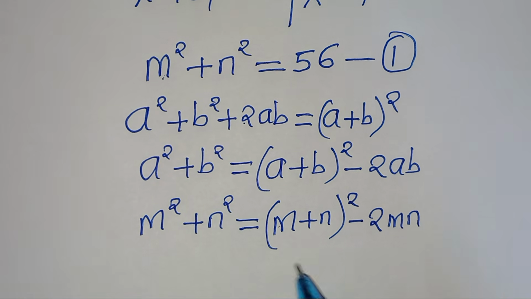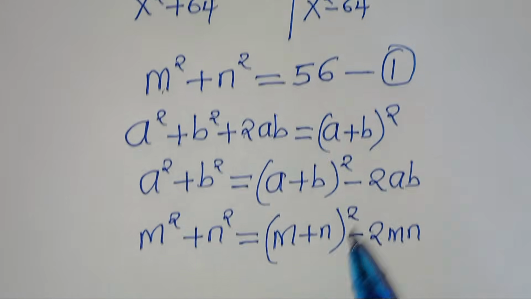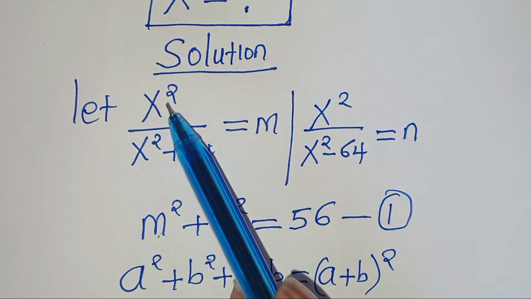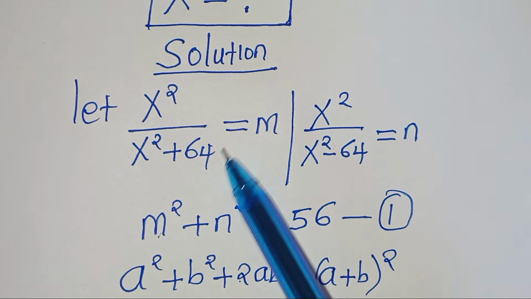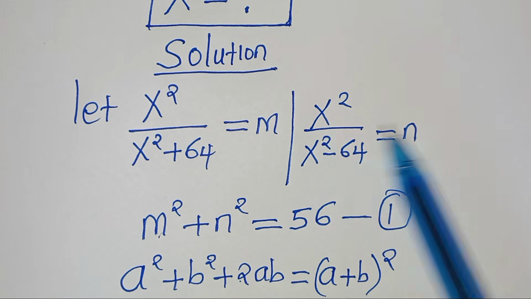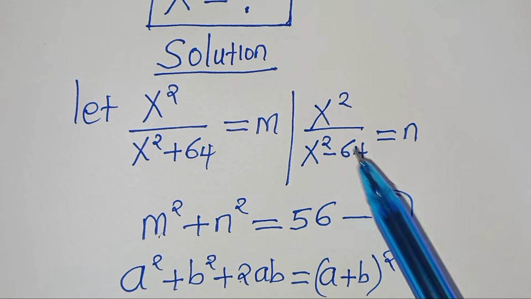Now, let's substitute m and n, which is x squared divided by x squared plus 64, and n, which is x squared over x squared minus 64.